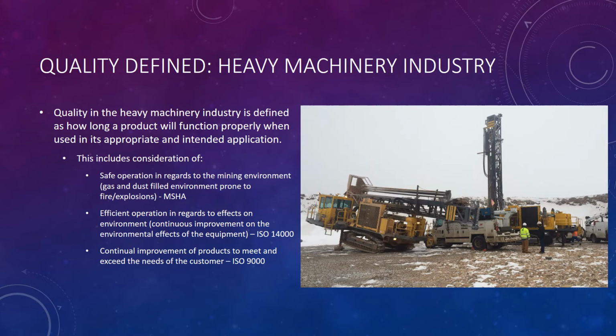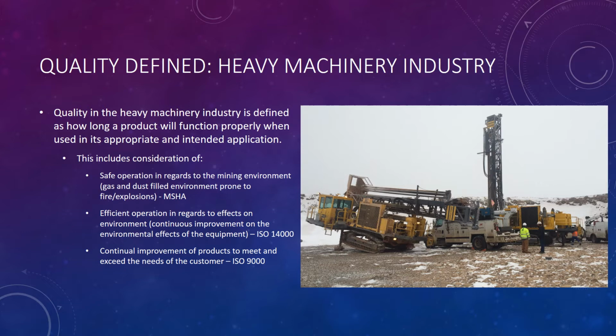So quality defined in the heavy machinery industry. Quality in the heavy machinery industry is defined as how long a product will function properly when used in its appropriate and intended application. And a couple of the things I wanted to add to that, based on what I just talked about, is you need to include consideration of safe operation in regards to the mining environment, which entails gas and dust-filled environments prone to fires and explosions, which is from MSHA.